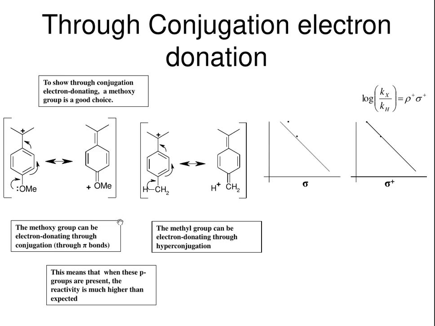Okay. Now, of course, the methyl group is an electron donating group, and we can see how a methyl group can also be electron donating through the pi system, because if you've got a sigma bond that's in line with the pi system, it can donate electron density through the pi system right the way through to the reaction center, and that's called hyperconjugation.